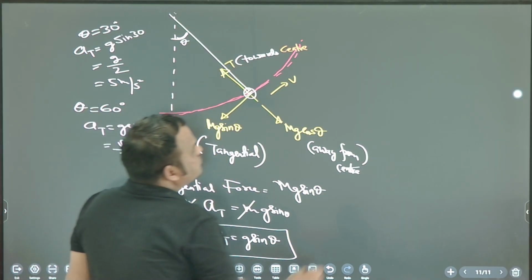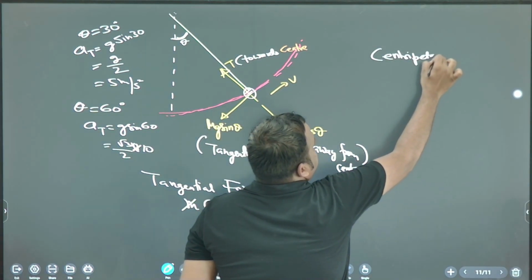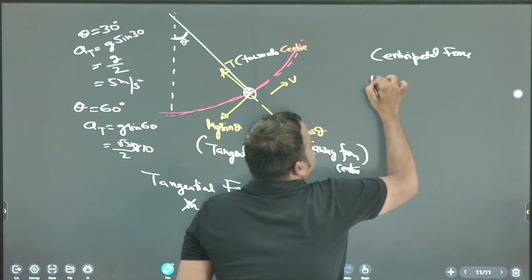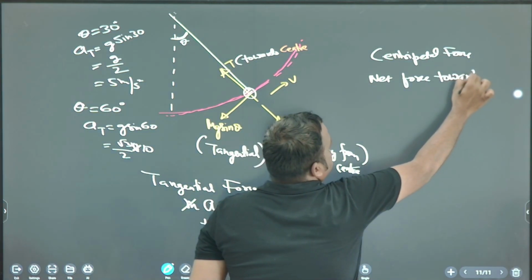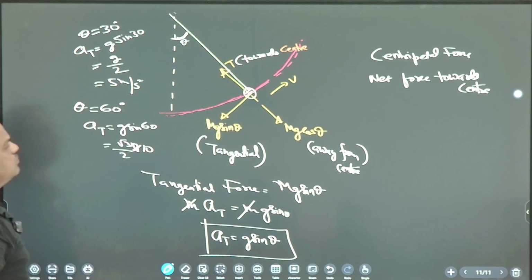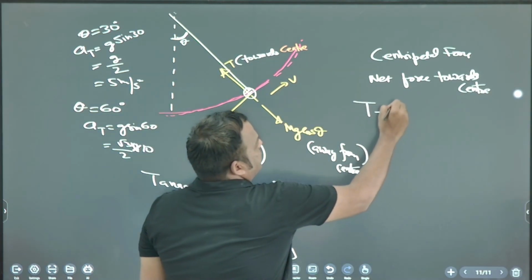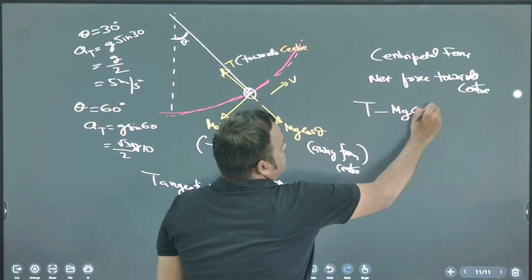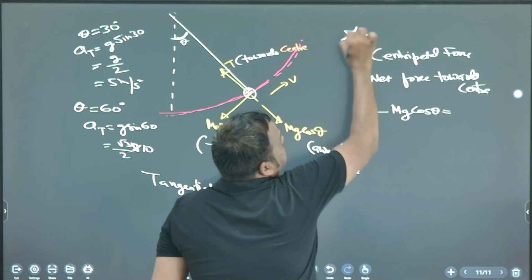Now what is the net force towards the center? Centripetal force. Tell me, what is the net force towards the center? T minus mg cos theta. Very good. This is very important, we are discussing all the important points.